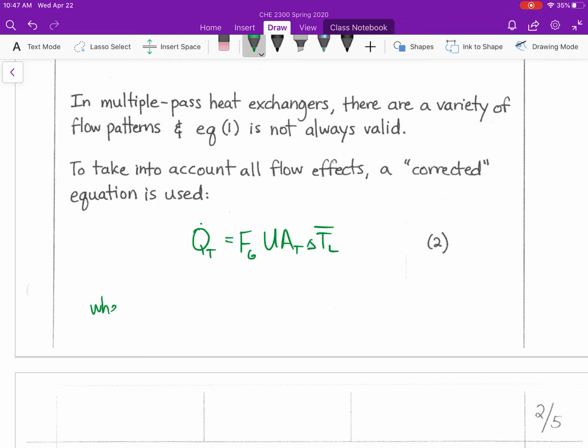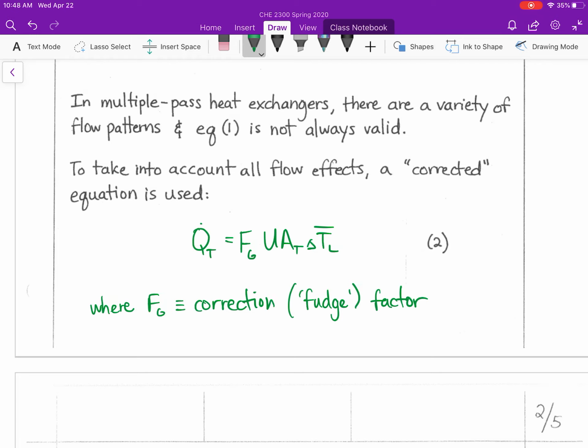So here F sub g is equal to some correction, or fudge factor, for our heat exchanger.